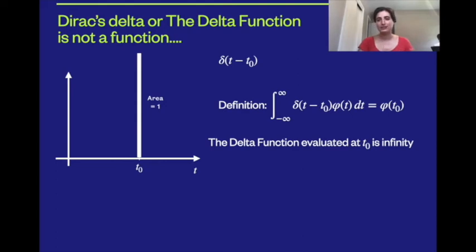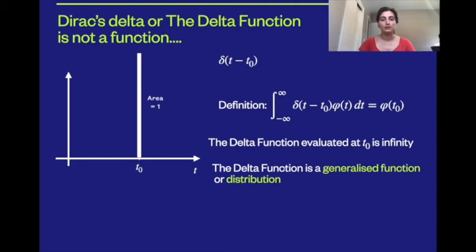We kind of say that the delta function evaluated at t0 is infinity, but still, if we just consider the delta function as being a function, that integral makes no sense. For this reason, the delta function is not a function per se, it's a generalized function or a distribution. I don't expect you to know a lot about either of these terms. I just want to explain what the delta function is.